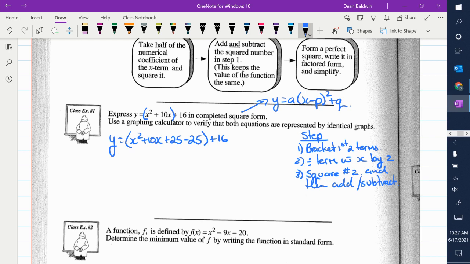Now, fourth step. Take the negative outside of the brackets. The positive stays in all the time, the negative comes out. Negative leaves the brackets.